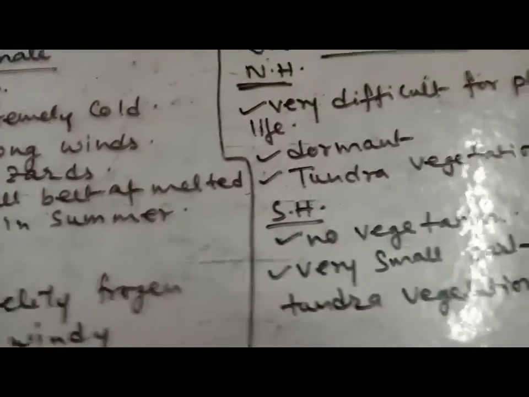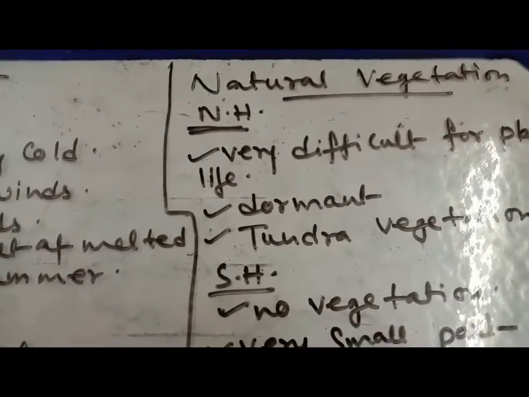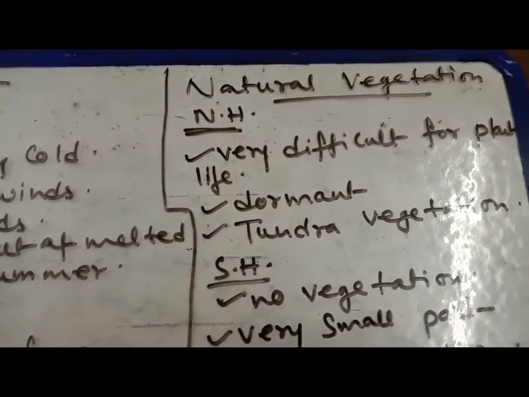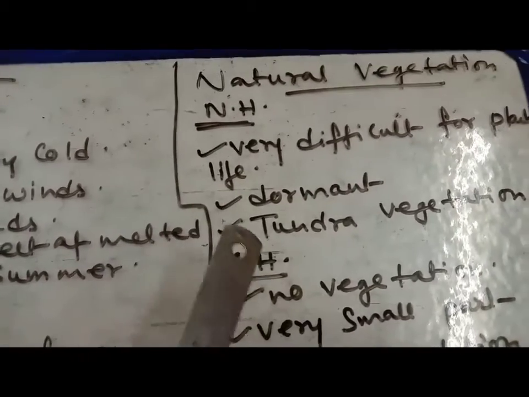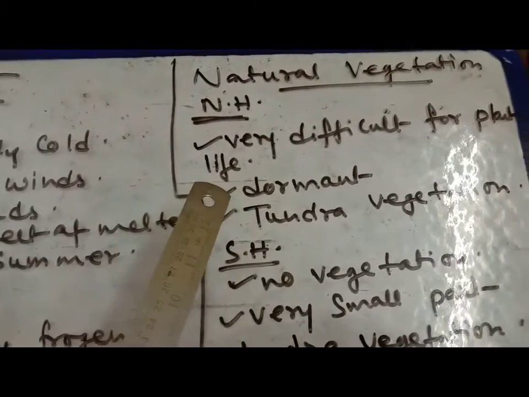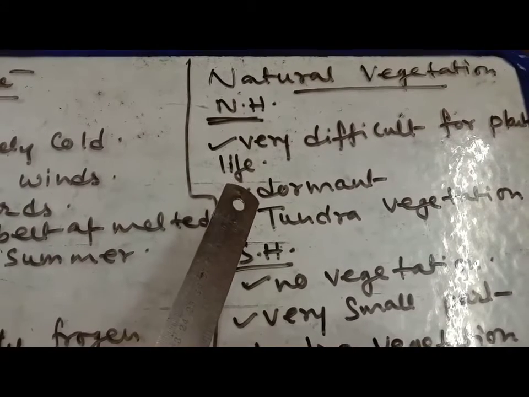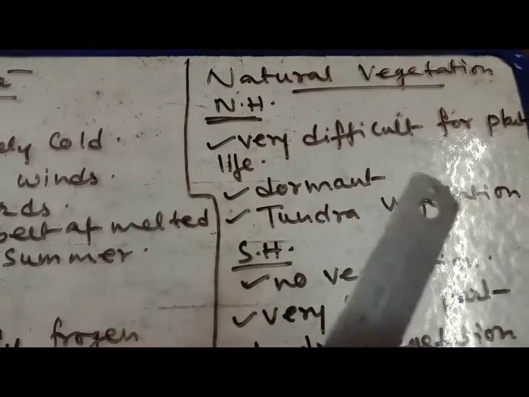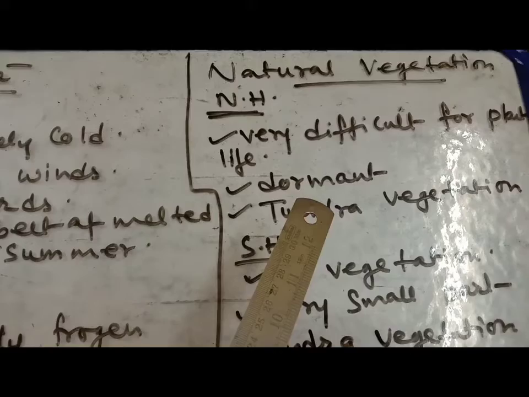Now you can see here I have also written about the natural vegetation of the frigid zone. Again I have divided it into two parts, the northern hemisphere and the southern hemisphere. In the northern hemisphere, what do we get? It is very difficult for plant life, as the ground is frozen almost throughout the year. Mainly dormant plants.